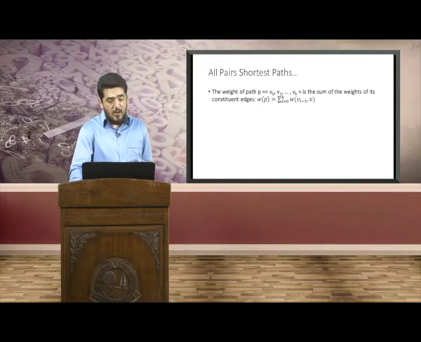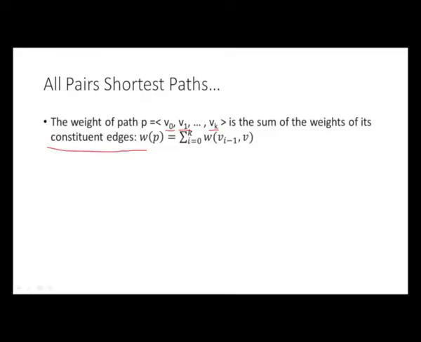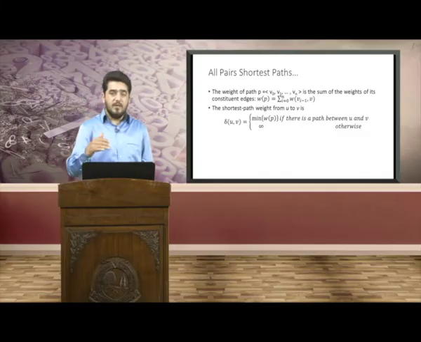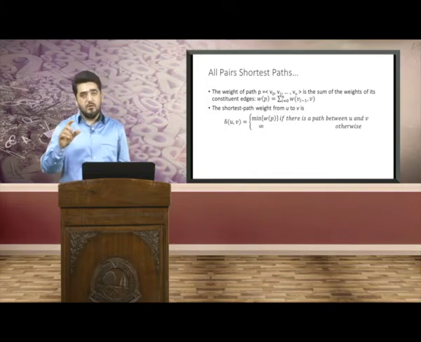The weight of this path, represented by W(p), is the sum of the weights of its constituent edges, the sum of the weight of edge (Vi-1, Vi), for i from 1 to k, where k is the last node in the path. That is how we associate a weight with a particular path between a pair of nodes.